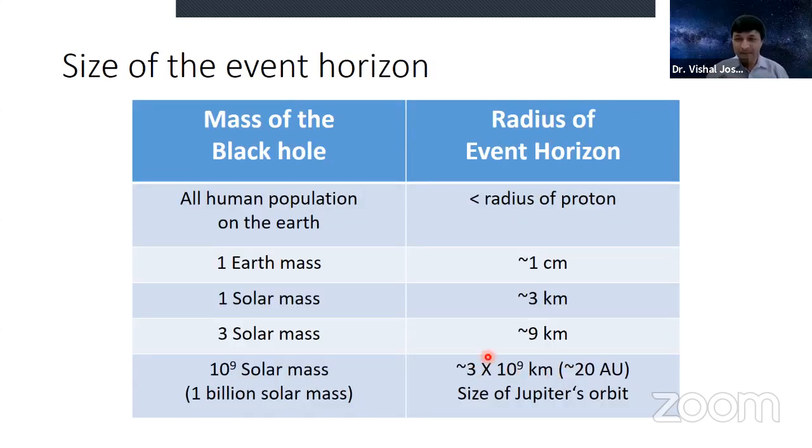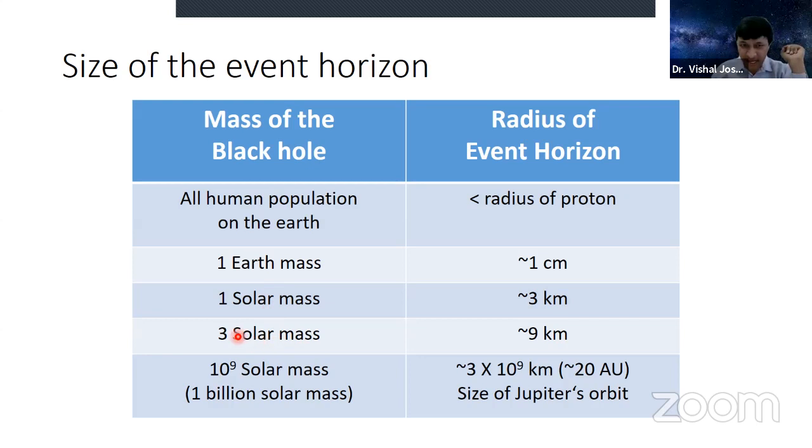Here are some examples of the hypothetical radii of objects if we want to make them black holes. If you want to make Earth a black hole, you have to shrink it to 1 centimeter radius. A very tiny ball. In case of the Sun, it is barely 3 kilometers.